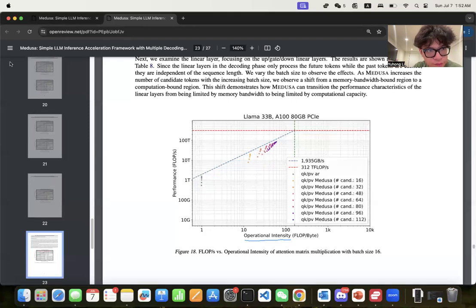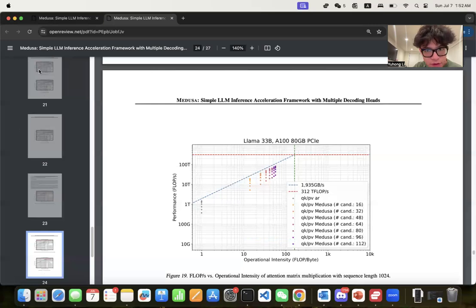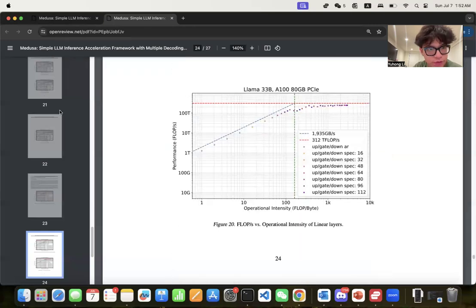Let's go to the next slides. Here is a comparison. For example, this is the up, gate, down linear layer. If we don't do any optimization and just use autoregressive, decoding one token each time, they're right here.